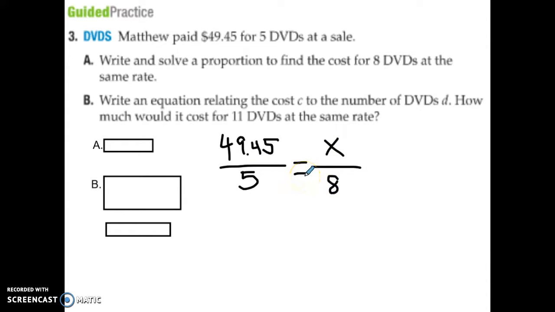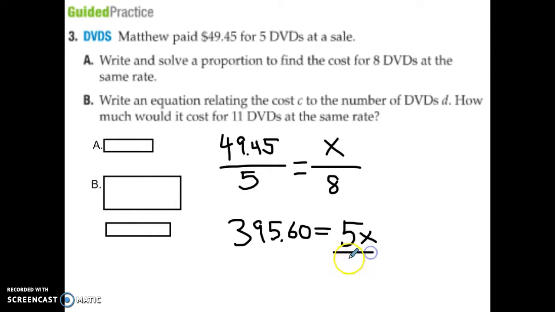I'm going to cross multiply here, 49.45 times 8, and I get $395.60. And that's going to equal 5x.